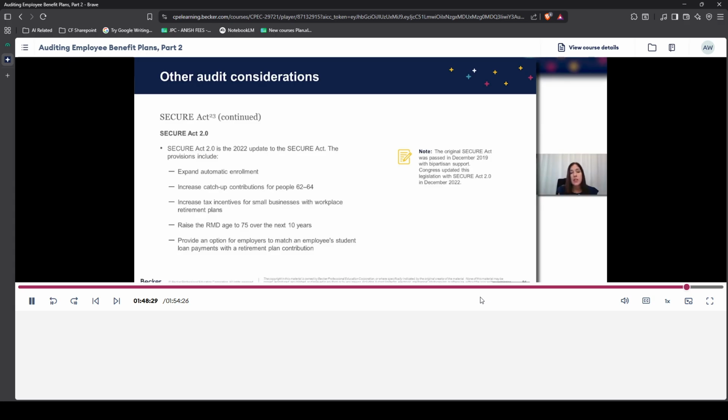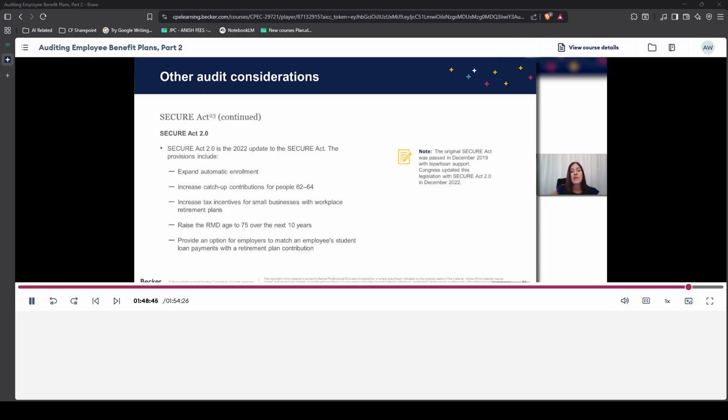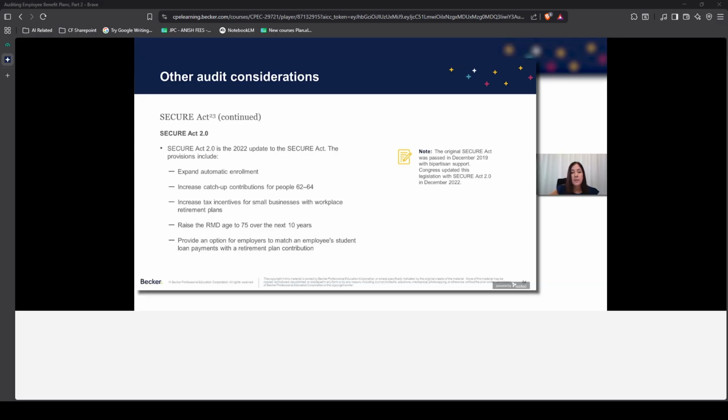And these provisions under Secure Act 2.0 will also require amendments to the plan document. But as you can see here, we have changes related to the expanded automatic enrollment programs for 401ks and 403bs. They're increasing catch-up contributions and tax incentives, and also increasing the RMD ages once again.